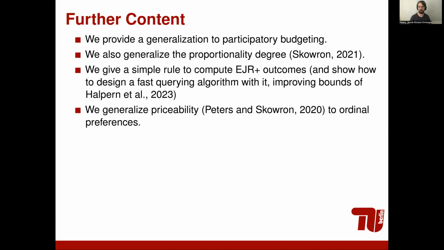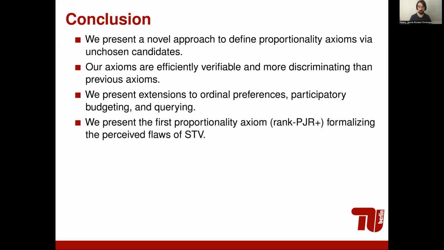There's a lot more hiding in the paper. For instance, we have weak preferences as well, which generalizes approvals and ranks. And I would suggest you to check it out. It's on arXiv. So what we did is we defined a novel way to define proportionality axioms, not by going over groups, but by going over unchosen candidates and saying that no unchosen candidate should be able to witness a proportionality violation.